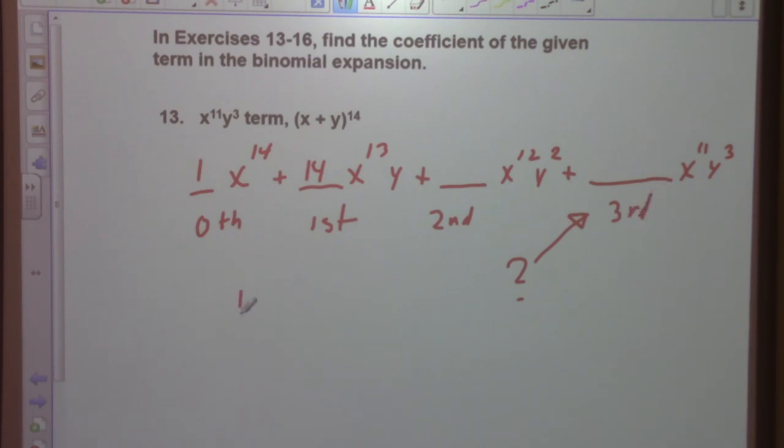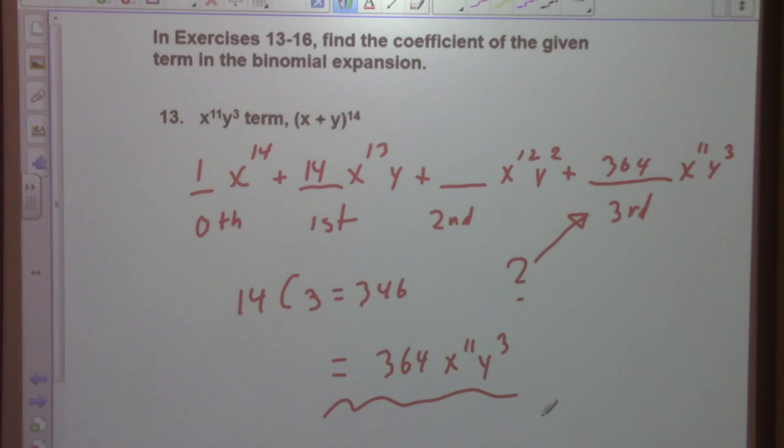You have to use 14C3 to get this, which is 364. So 364 goes here, meaning that our answer to this question is 364 x to the 11th y cubed.